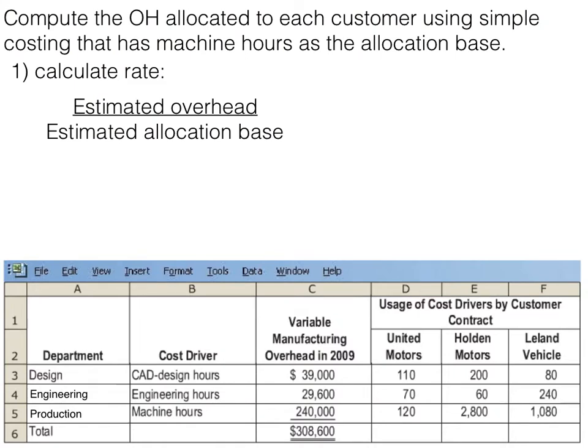So recall that when we're using simple costing, we're only going to calculate one rate. So we're going to take total estimated overhead and divide that by the total estimated allocation base. If we look down at our data, we see that the total manufacturing overhead is $308,600.